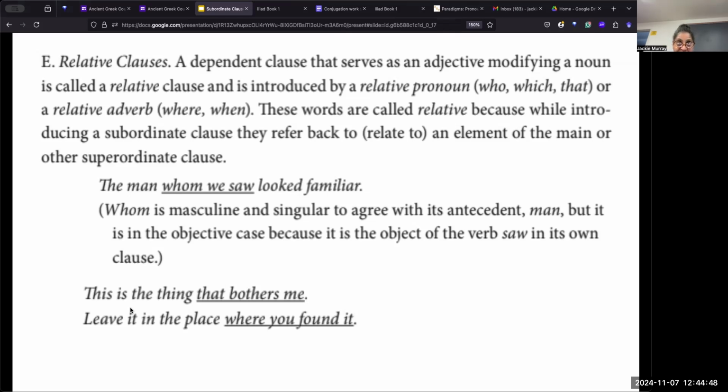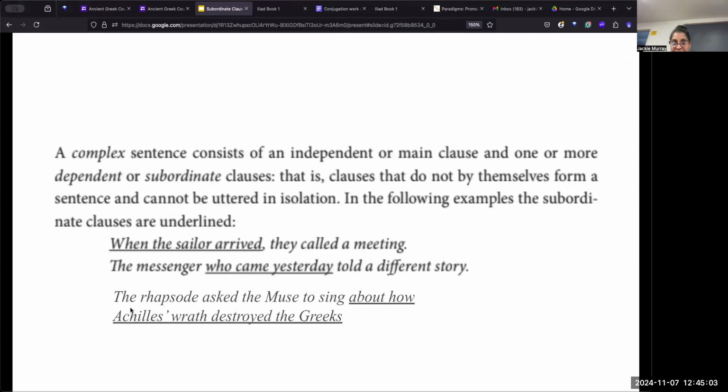Like, if we have the pretty girl, that's an adjective modifying the noun, right? The pretty girl. So the one we had before was the messenger who came yesterday, right? That's modifying the messenger.